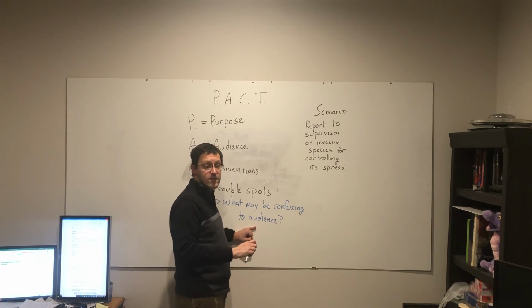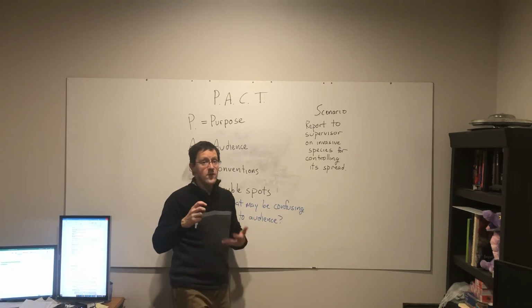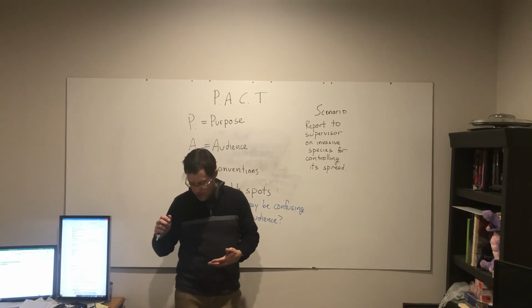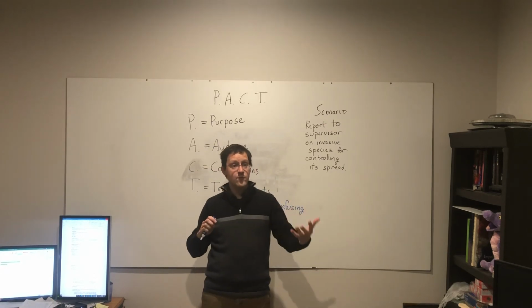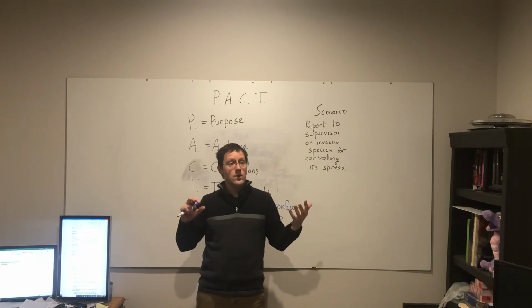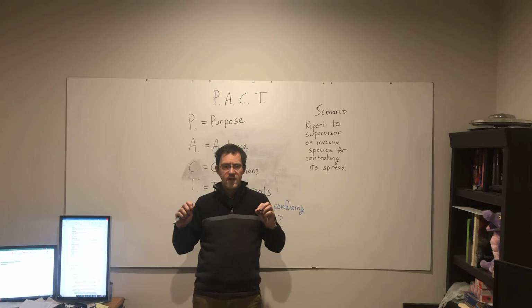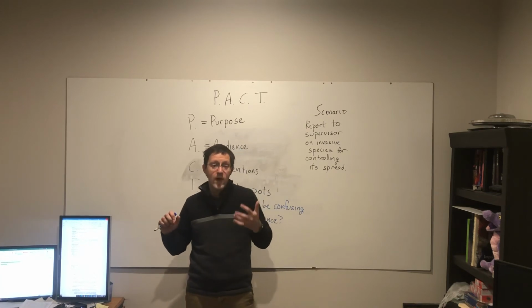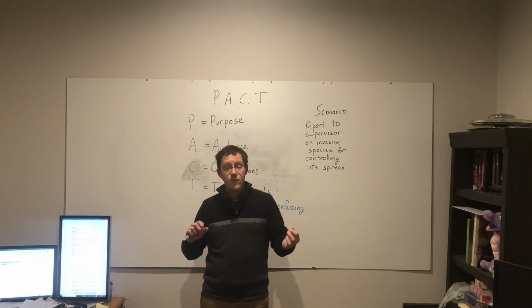Mainly for identifying the trouble spots, try to put yourself in the position of the audience. Whether that audience is a single person, that supervisor, or the general public, regardless, put yourself in that position and try to see where that audience might get confused. Those are the trouble spots.